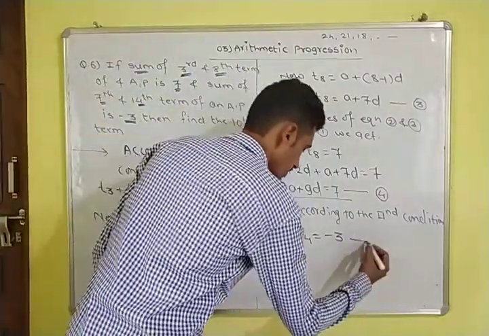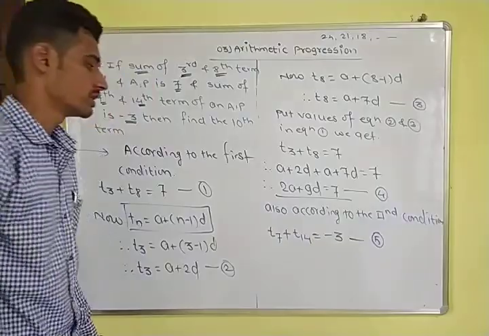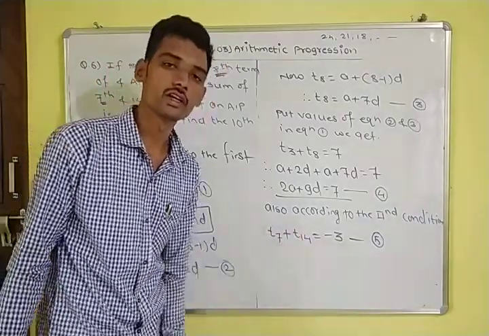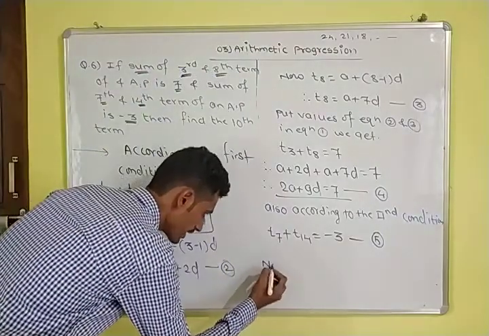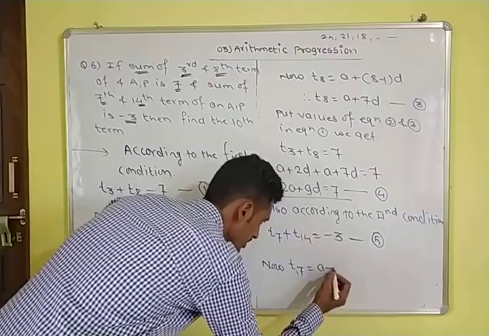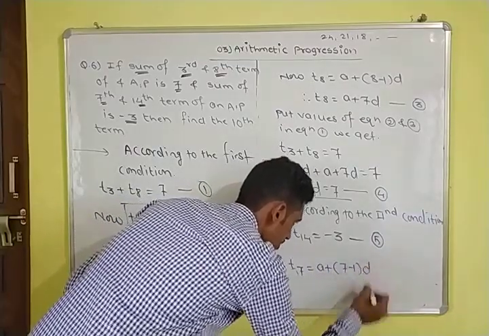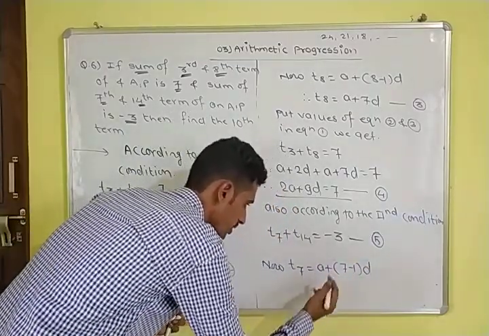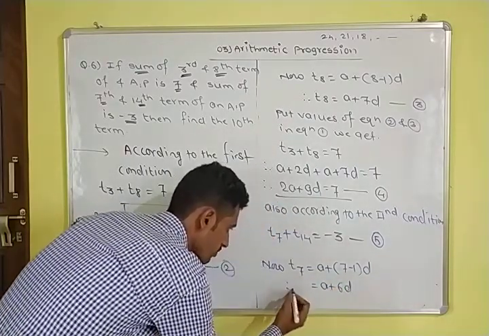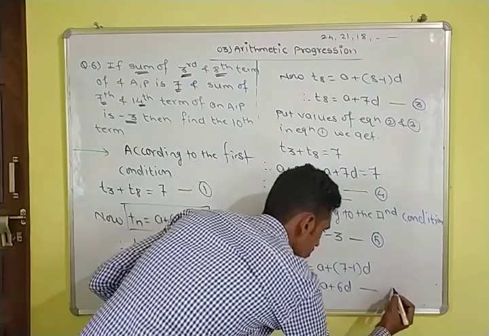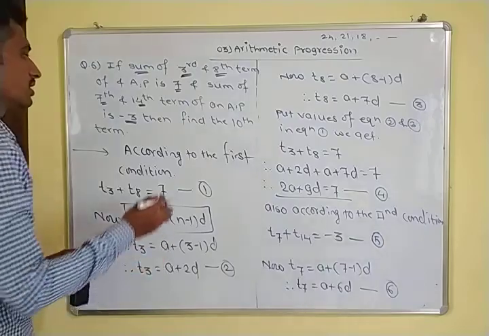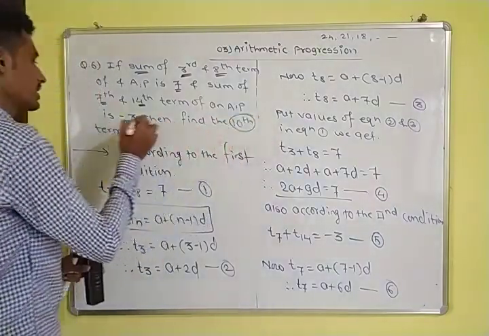Say this equation number 5. Here we have to calculate the value of T7 as well as T14. Now T7, directly you can write, is a plus 7 minus 1 into d. No need to write the formula. So a plus 6d. Therefore T7 is equal to a plus 6d. Say this equation number 6. Here we have to find the 10th term.